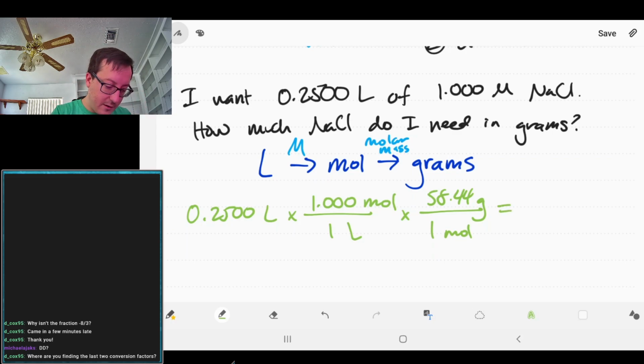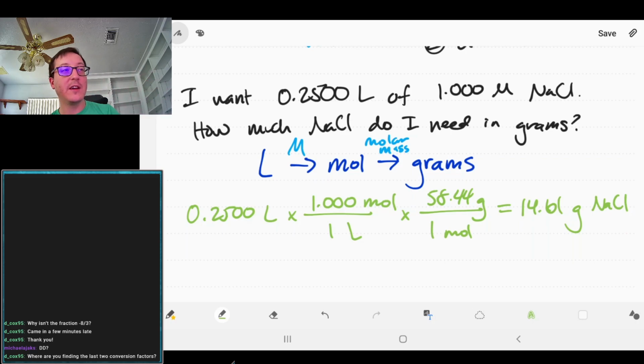And so 0.25 times 58.44 gives us 14.61 grams. That's already 4 sig figs, which is what we needed anyway, because our 0.2500 liter and 1.000 molar are both 4 sig figs. So we're going to need to measure out 14.61 grams.